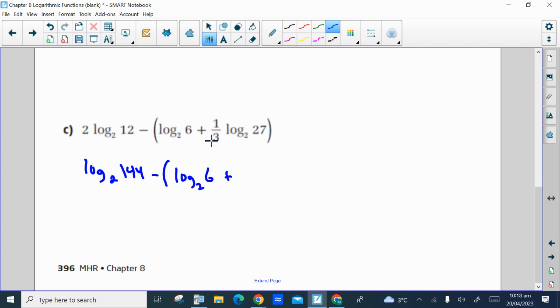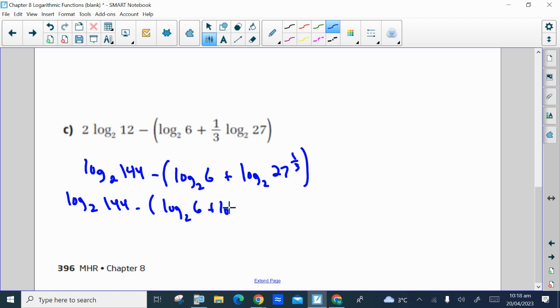For that second term in the bracket, coefficient of 1/3 again comes up as an exponent. And power 1/3 means cube root. And the cube root of 27 is 3.